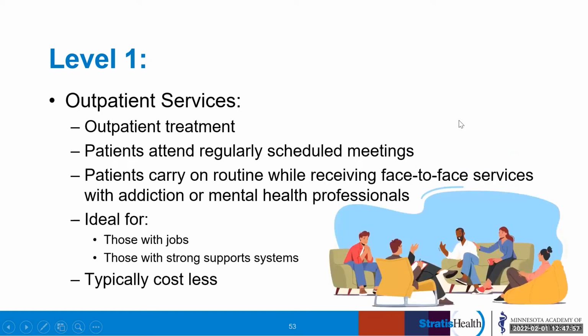Level 1 is outpatient. They go to regularly scheduled meetings. It can vary, but usually it's about 3 structured meetings a week, and sometimes these can last up to 3 hours. It can be 4 to 7 p.m. or 9 to noon. It's very structured, but they're able to maintain their jobs. These are people who have support systems, so they are still going home and are around their families.